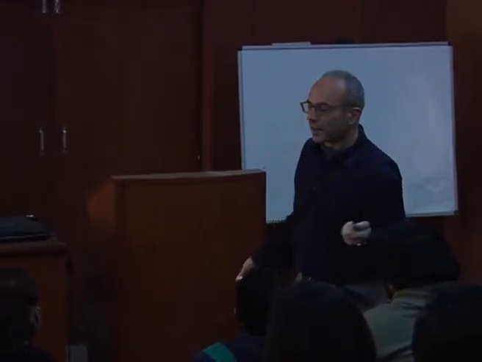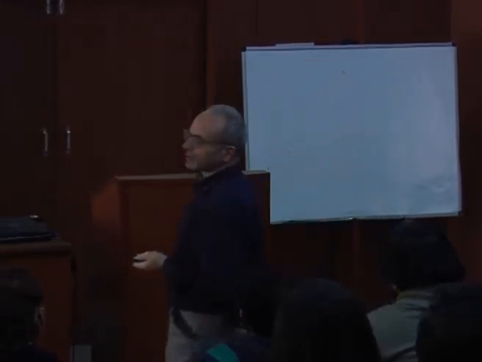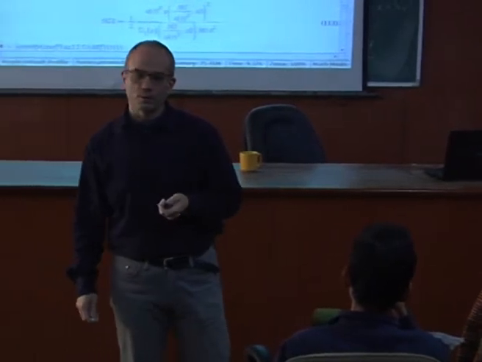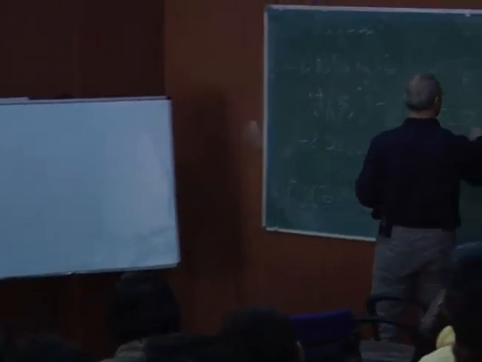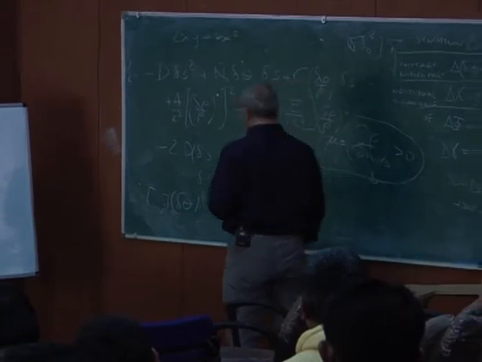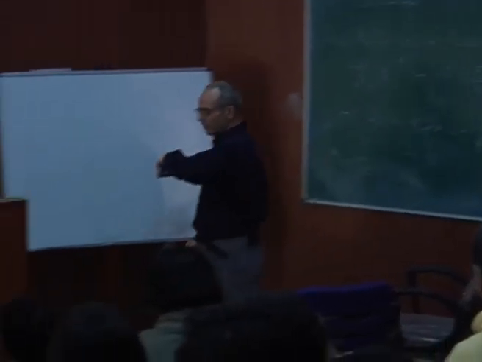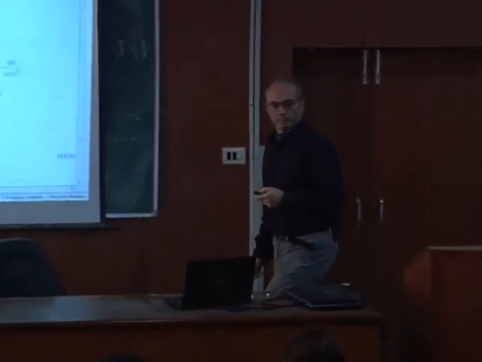So if I have a fluid for which p plus rho is negative, then I get a ghost. It's better not to have that. This is the first non-trivial condition that we got out of cosmological perturbation theory.